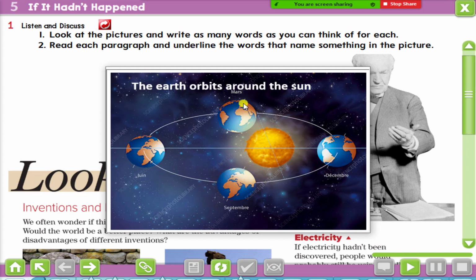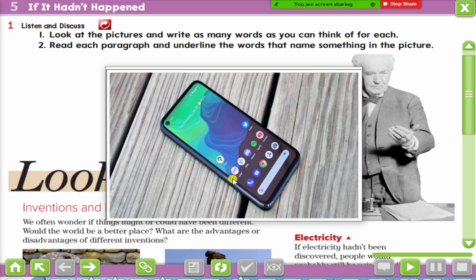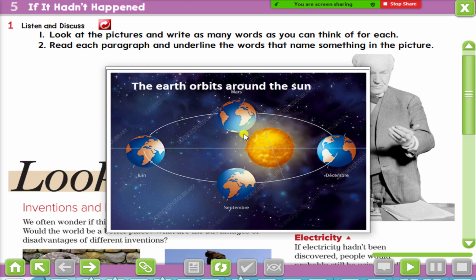Of course, after scientists knew that the earth orbits around the sun, this is a discovery. But in this picture, we have a cell phone. This is an invention. So we can say that an invention is something that is created, but a discovery is something that is found or found out about.